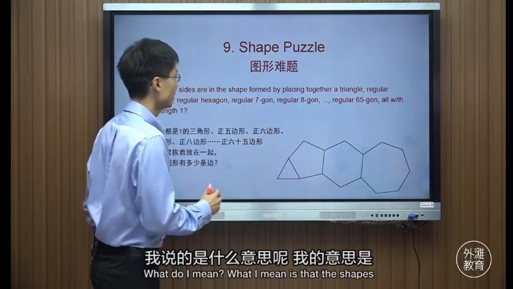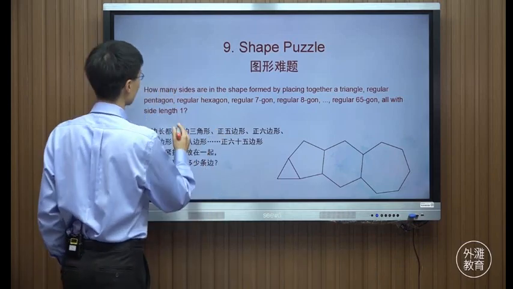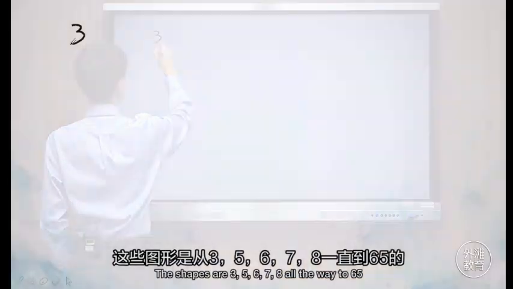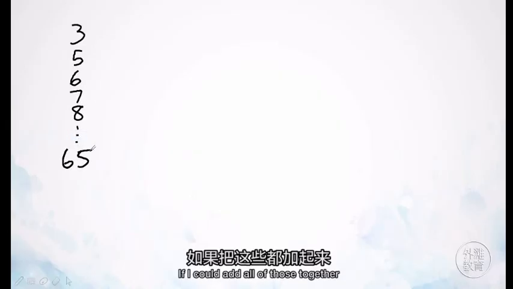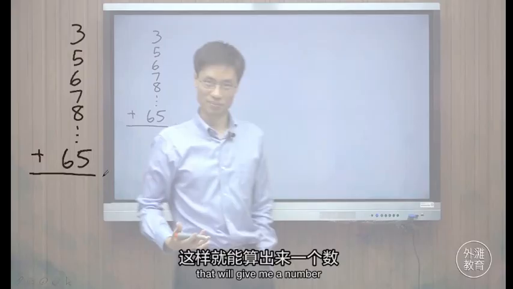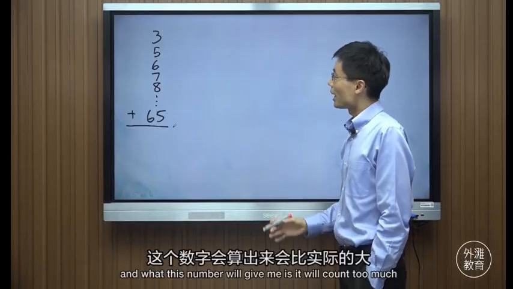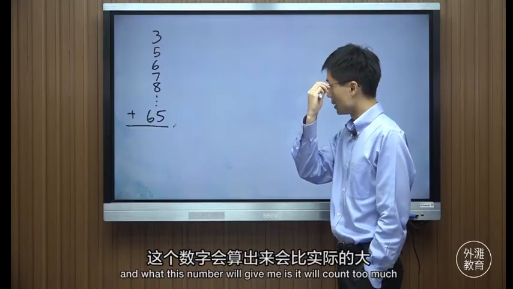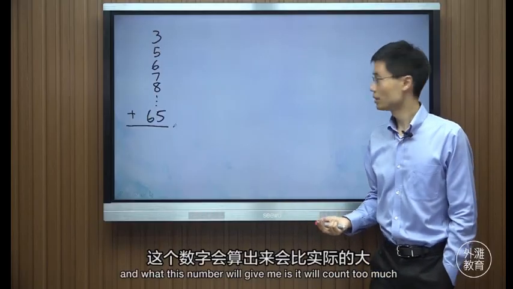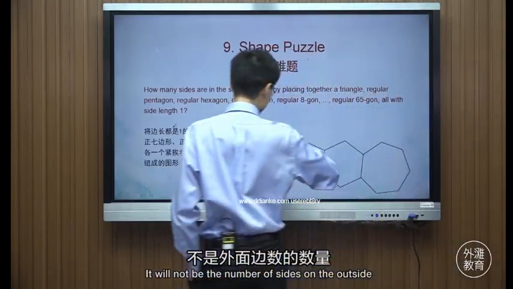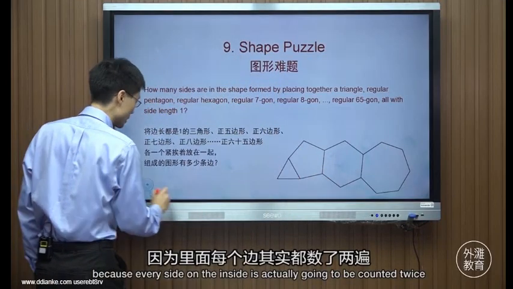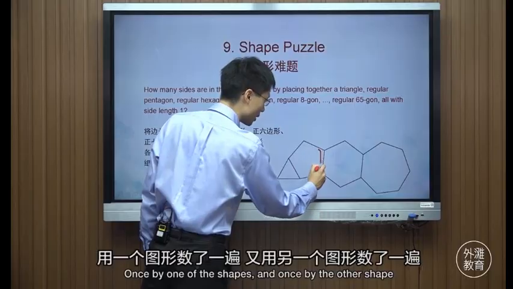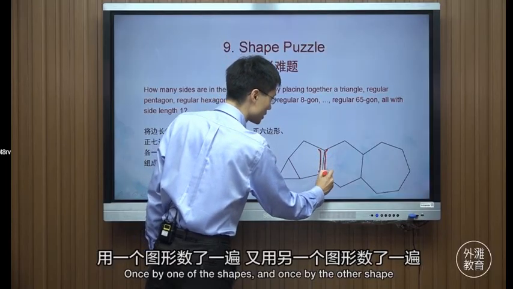What I mean is that the shapes are 3, 5, 6, 7, 8, all the way to 65. If I could add all of those together, that'll give me a number. And this number will count too much. It will not be the number of sides on the outside, because every side on the inside is actually going to be counted twice, once by one of the shapes and once by the other shape.